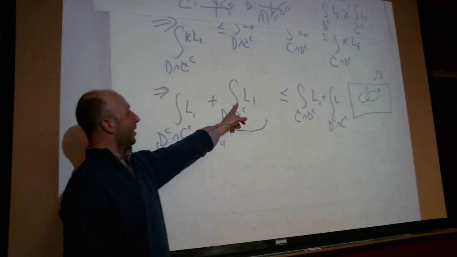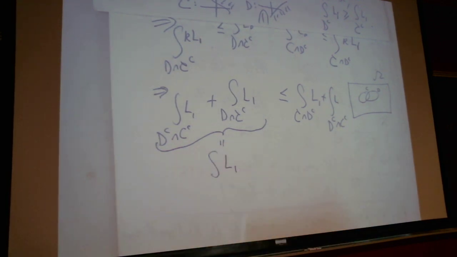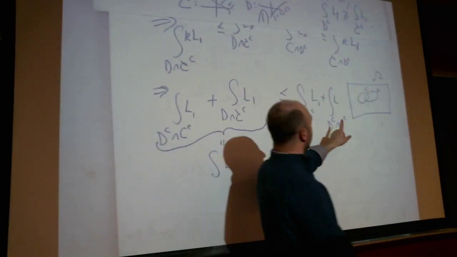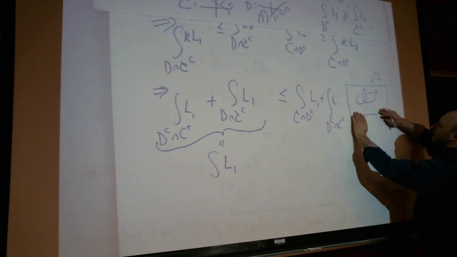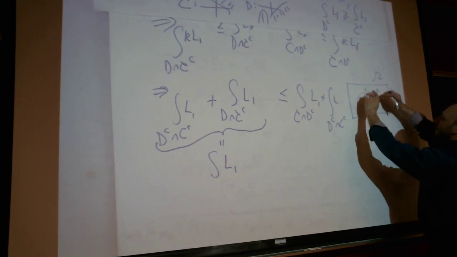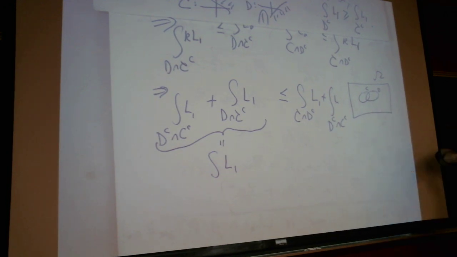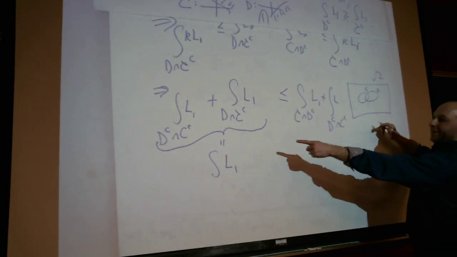If I integrate L1 on D complement intersect C complement, where's D complement intersect C complement? D complement is everything outside of D. C complement is everything outside of C. So where's their intersection? Nikki? Outside of both of them, right?